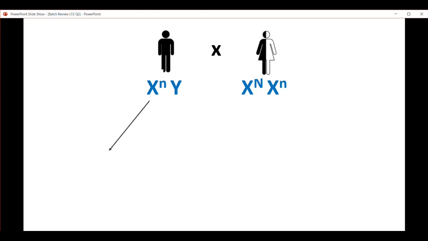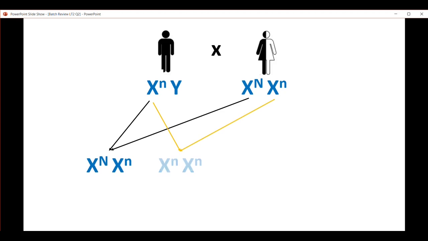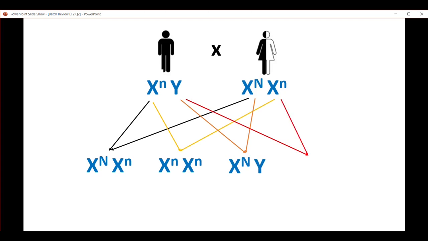Combining the first letter of the male and the first of the female, we have X big N X small n. The first and the second will be X small n X small n. The third, which is the Y, with the first X chromosome of the female, is X big N Y, while the last is the Y from the male and the X small n from the female, X small n Y. So let's look at the phenotype.